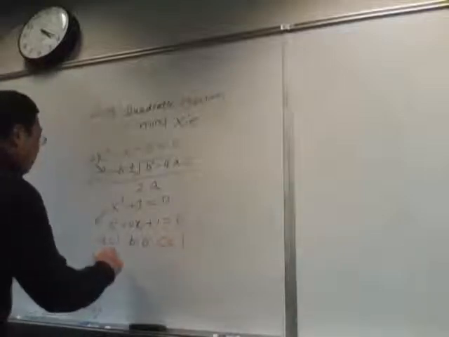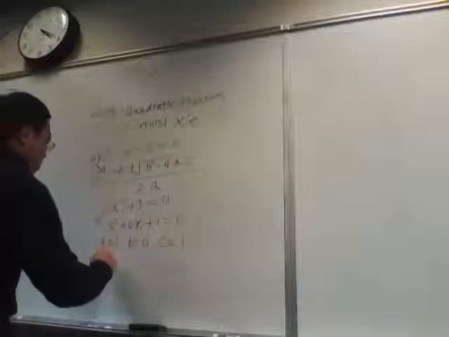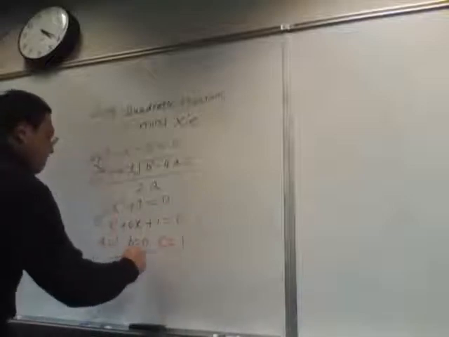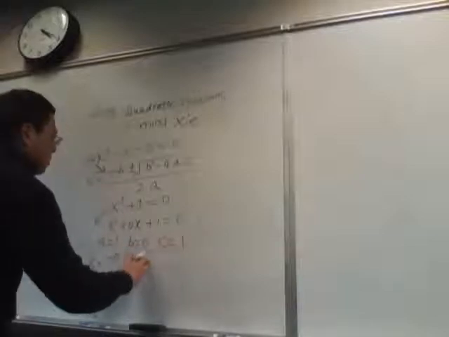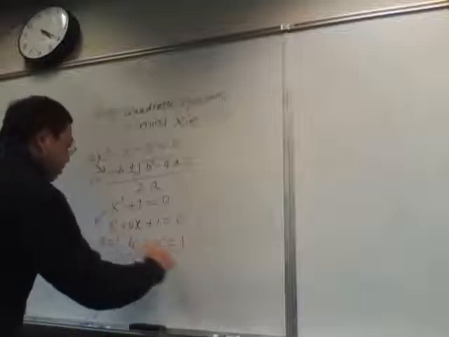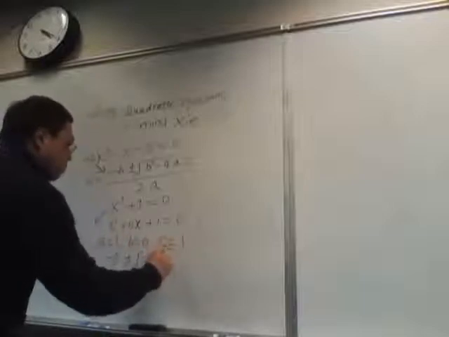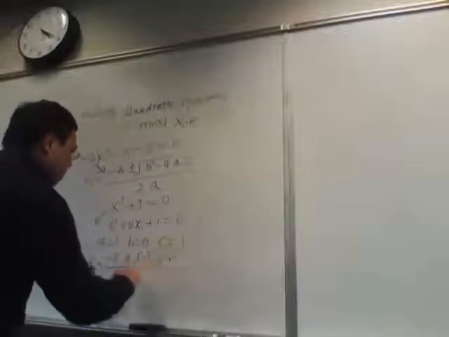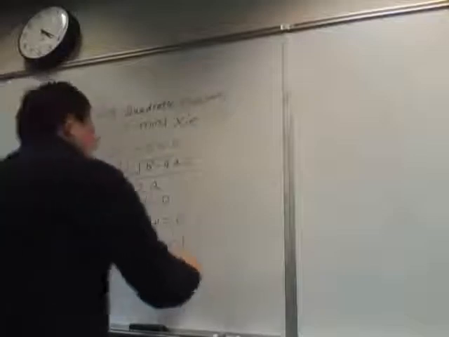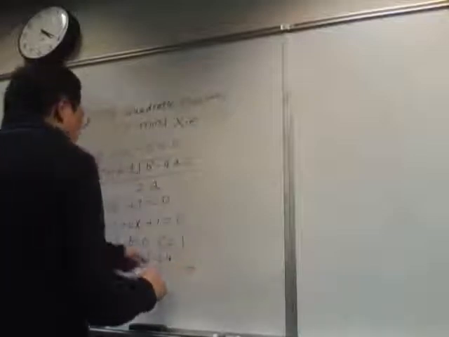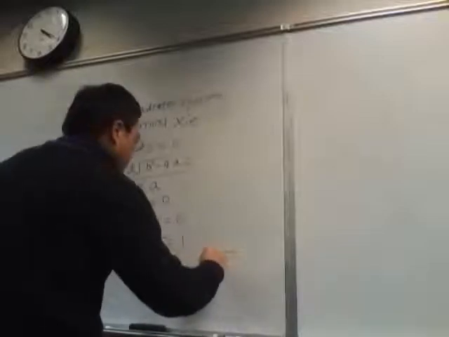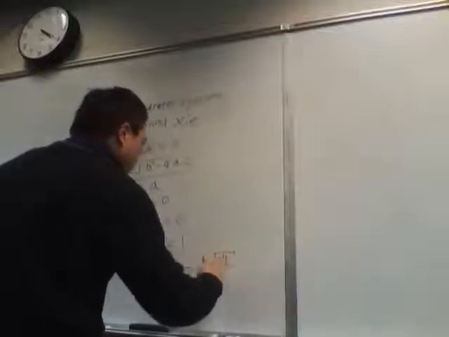So x equals negative b, so negative 0, plus or minus the radical of b squared, that's 0 squared, minus 4 times a times c, that's 4 times 1, whole thing divided by 2a, so 2 times 1. And for this one, the first part is nothing. That's plus or minus radical negative 4 divided by 2, right?